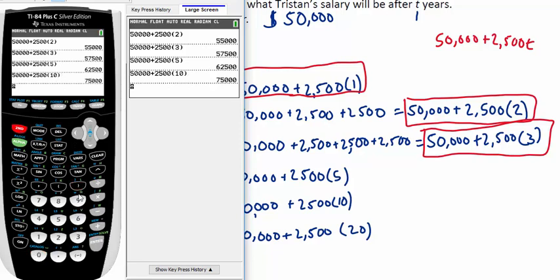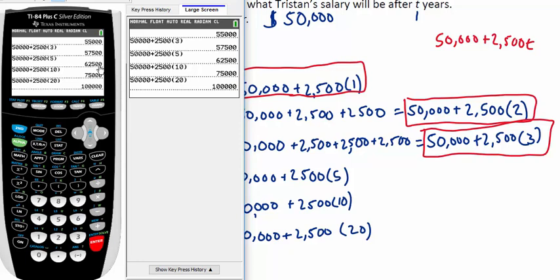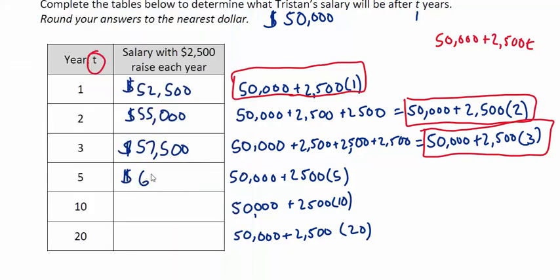And then finally, I'll press second enter and change the 10 to a 20, and simply copy these last 3 numbers into the chart. Boy, I want Tristan's job because he's going to make $100,000 after 20 years.